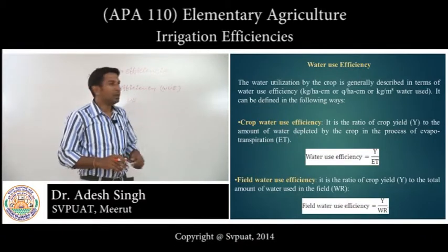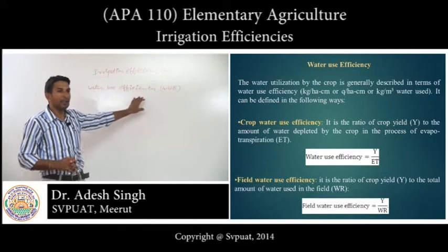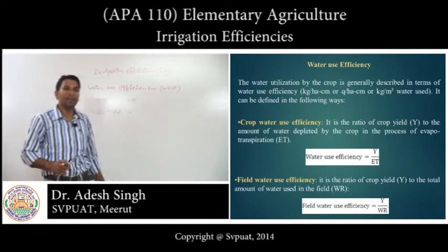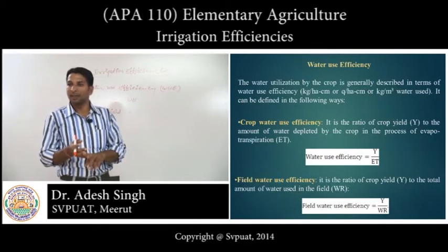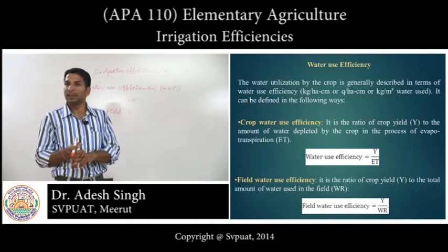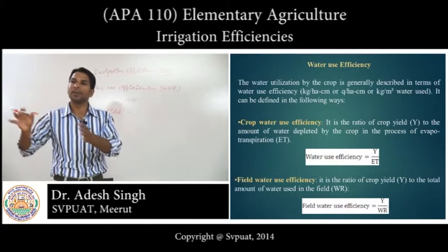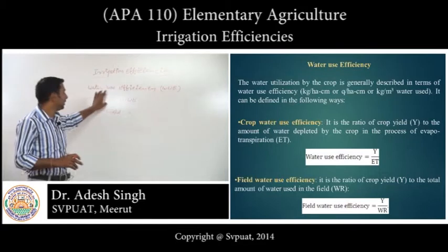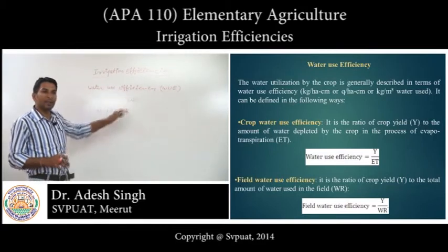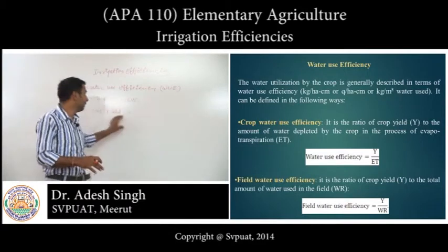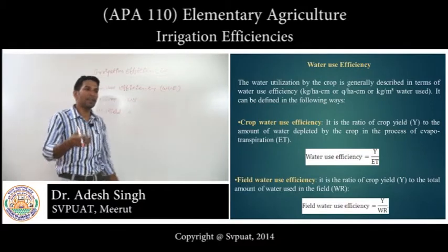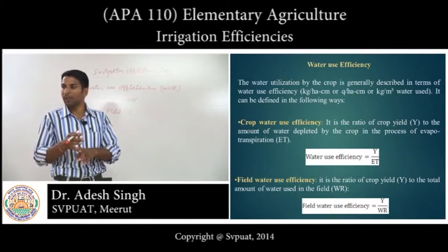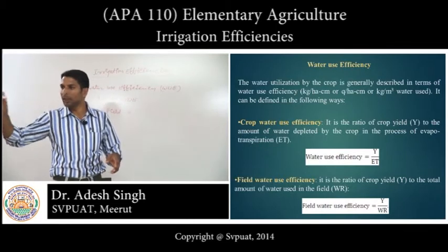So the water use efficiency is measured at two levels: what is the water use efficiency for the crop, and what is the water use efficiency at the field level. Because the actual requirement of water for the crop is quite low, but in the field there are various losses which cannot be easily minimized by the farmer.